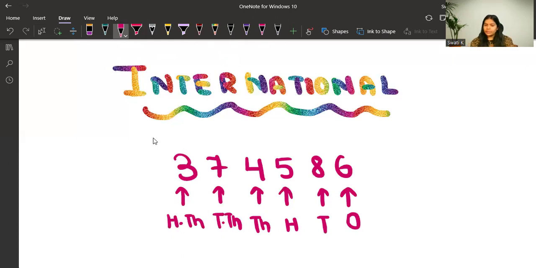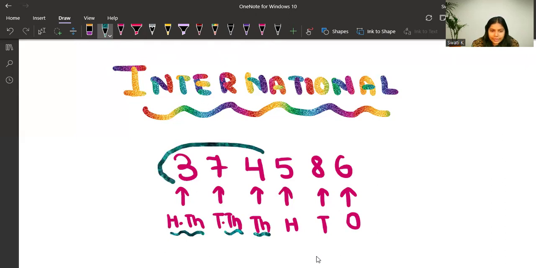If I increase more digits, then there will be another difference. I'll tell you in the next question. Let's read this. Again, you can notice here that we have 1,000 three times. So we can't read 1,000 three times. That is why we'll be reading this together. So it will be 374,586.